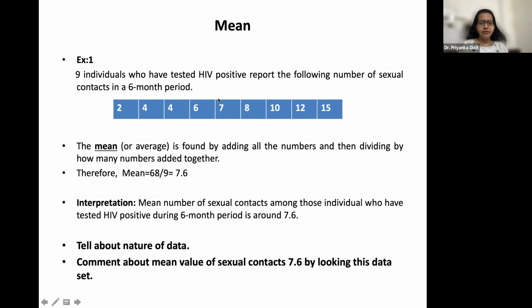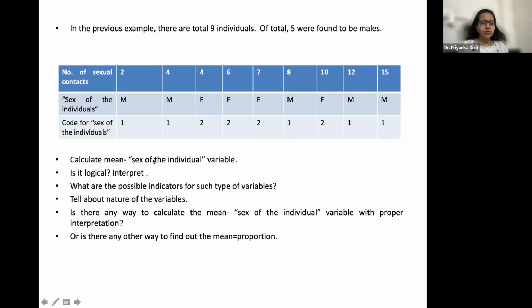Mean is clear. Fine. Now what are we going to discuss? Now let's say we got additional information. Now we have information on the sex of the individual. Someone else has informed us, out of these 9 individuals, how many are male and how many are female.